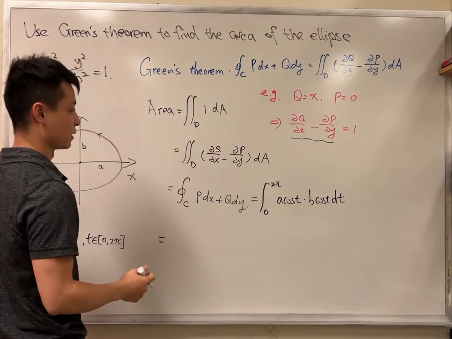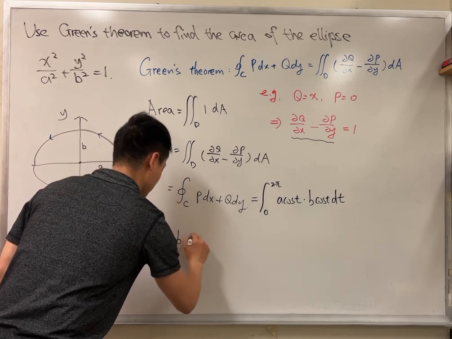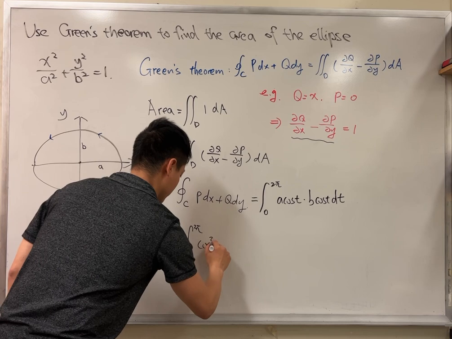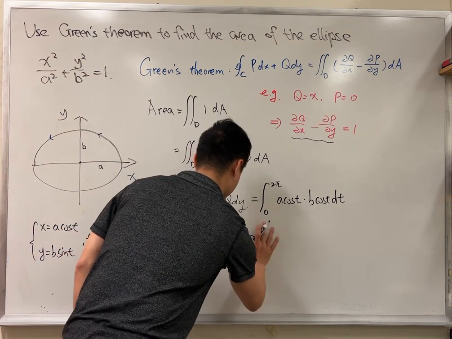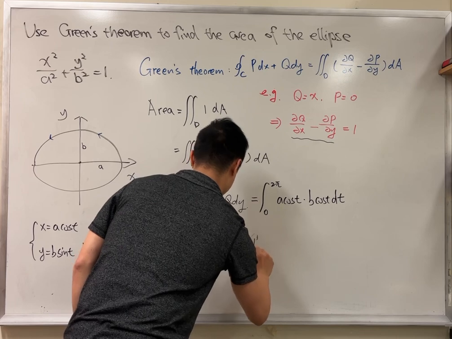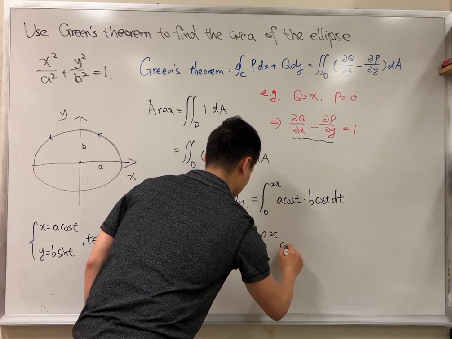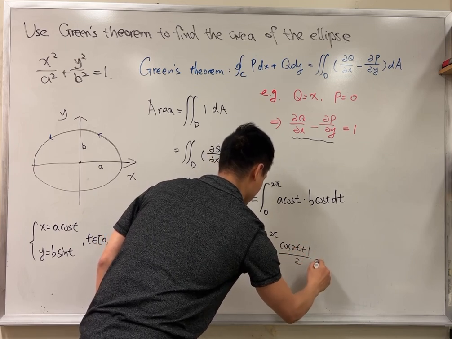Now the rest of the work is just to find this integration. So that is ab times the integral from 0 to 2 pi of cos squared t dt, which can be written as (cos 2t plus 1) divided by 2 by using a trig identity.